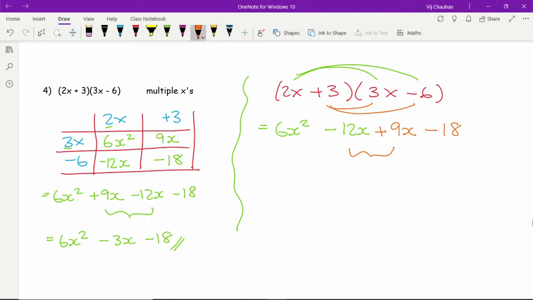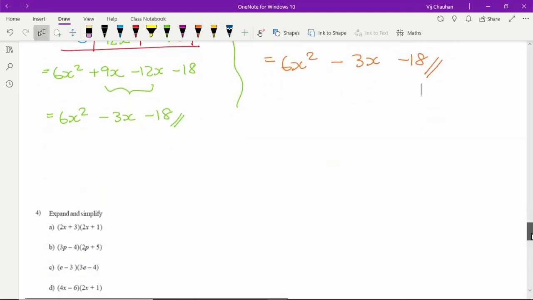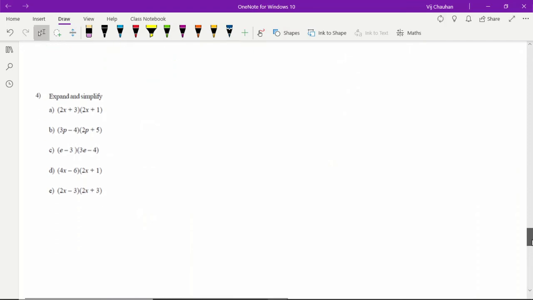And then just simplifying those two terms there, I get 6x squared minus 3x minus 18, and I get the exact same answer. So you can see there that even though we've got multiples of x inside our brackets, the method is exactly the same, so do not let that throw you off.